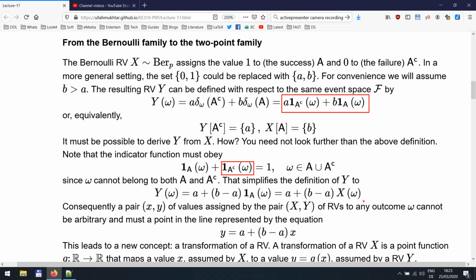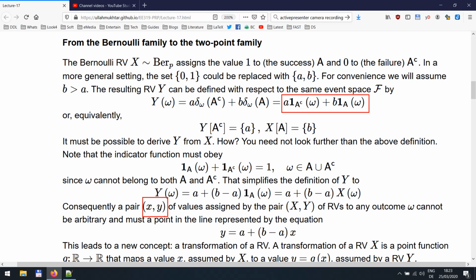Now, just to make sure that you know what we are doing, let's see how any pair x, y behaves. So let's say small x is a typical value of the random variable x, and small y is a typical value of the random variable y.